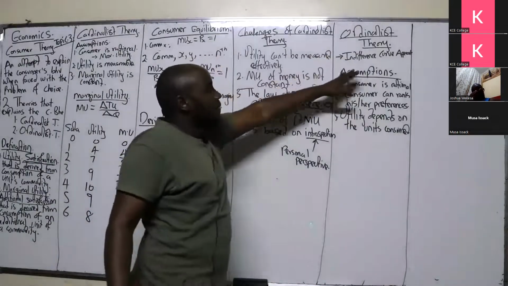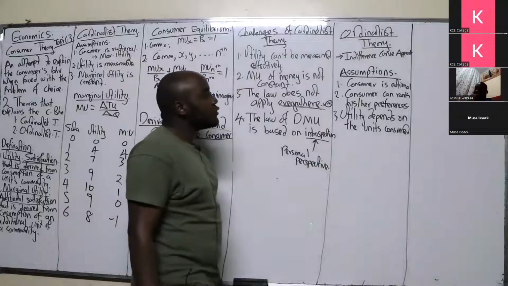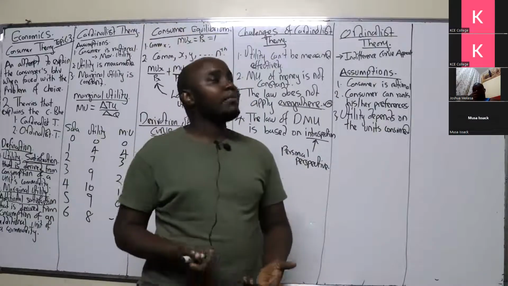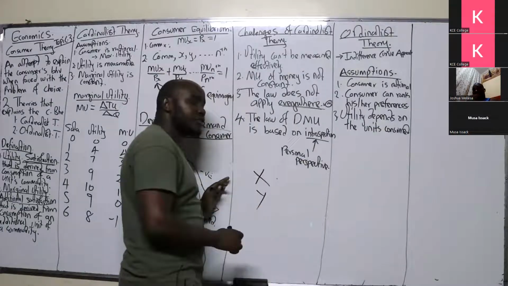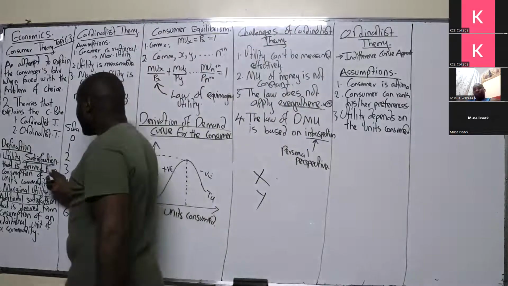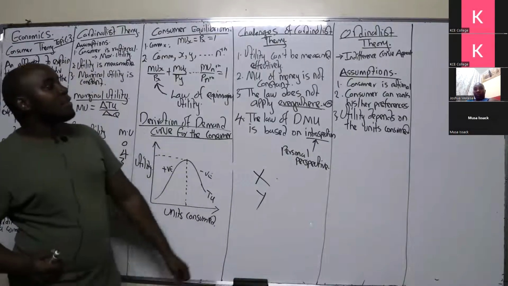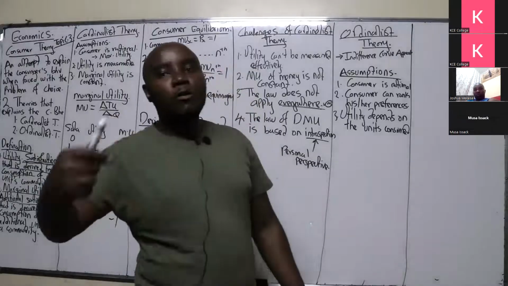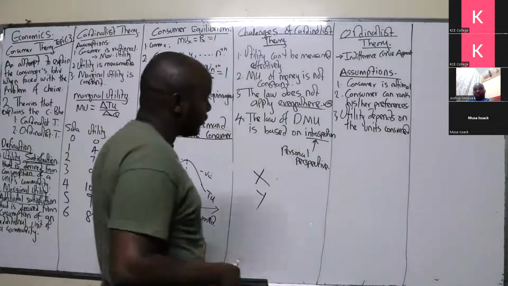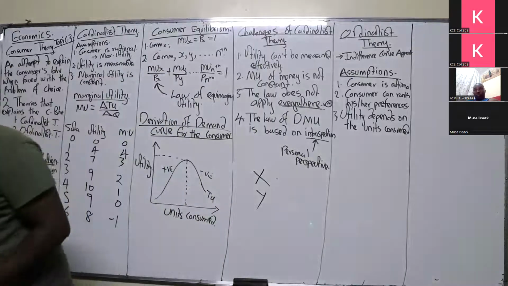The assumptions are that the consumer is rational, and the consumer can rank his or her own preferences, such that the consumer knows that if I have money, I can buy good X at the expense of good Y. Then utility depends on the units consumed: utility is the satisfaction derived from consumption, meaning utility will increase with increased consumption. So if you consume more than me, you will have a greater level of utility.